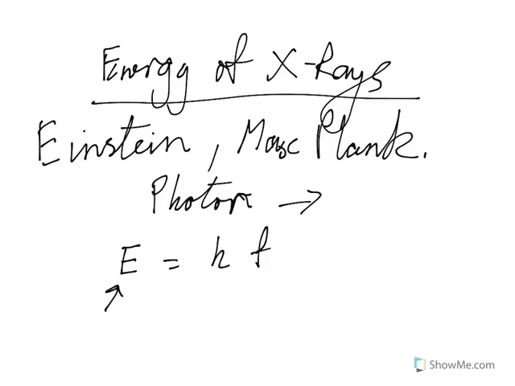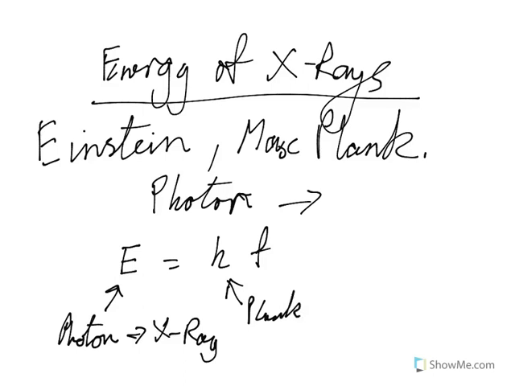So the energy of the photon, in this case X-ray, H, if we've seen before, that's our old friend Planck's constant. All right, we can look that up if we need it. And then that is our frequency.